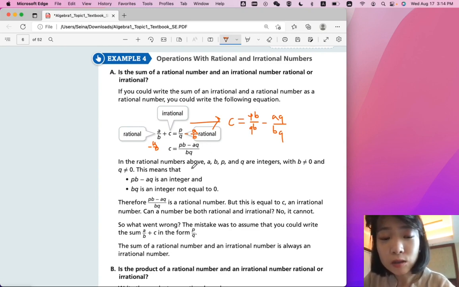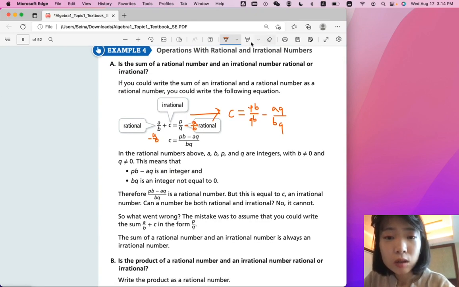It has to be a rational number. And C has to be an irrational number. So if C is equal to something that represents a rational number, it doesn't make sense. So that means our assumption here is incorrect. So rational number plus irrational number cannot be a rational number.